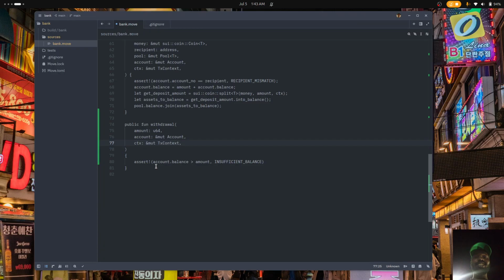So we need to see who is performing this transaction, because anyone can feed this object into this function and run a transaction. So there has to be an authentication to show that the only people who can withdraw are people that have an account.